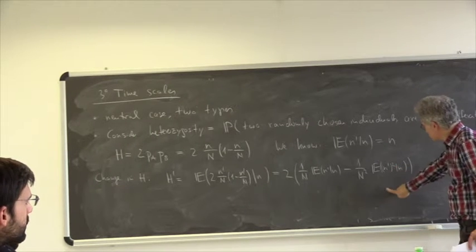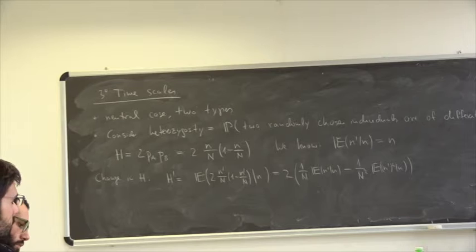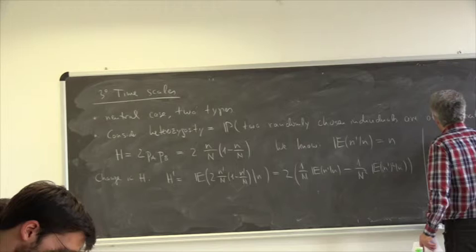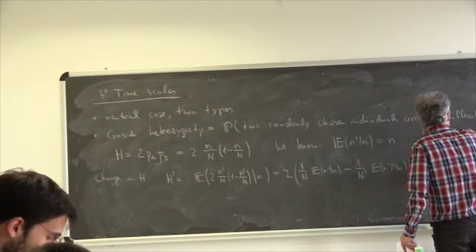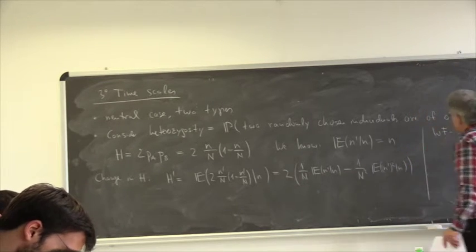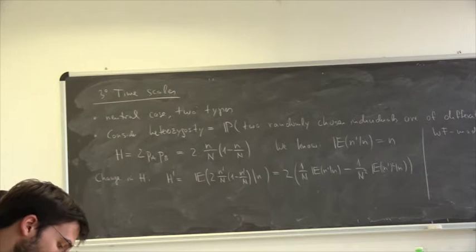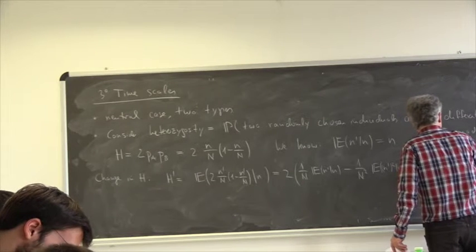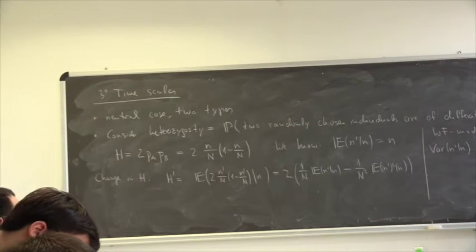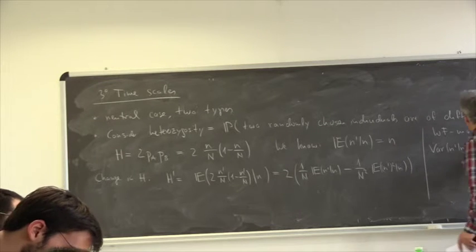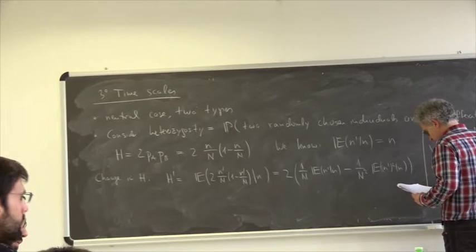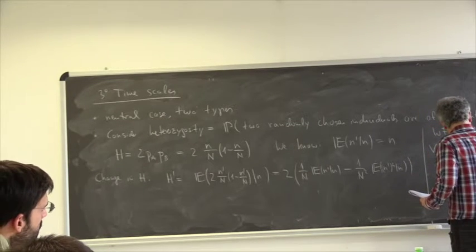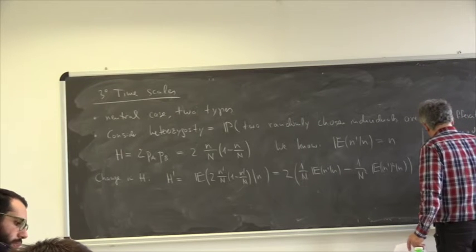Now what is this? This of course depends on the model. In the Wright-Fisher model, because you're doing binomial sampling, the variance of n prime conditioned on n is just equal to n times PA times 1 minus PA, which is equal to n times.